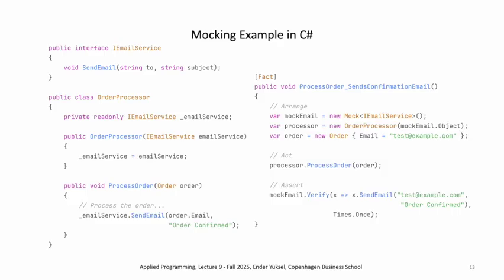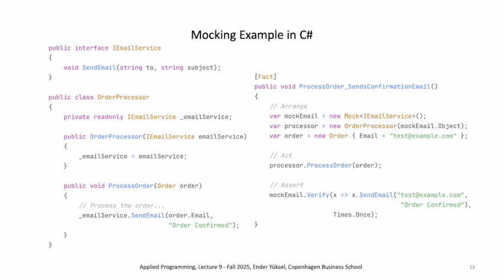We create a mock of IEmailService using new Mock<IEmailService>. This creates a fake email service that implements the interface but doesn't do anything unless we tell it to. We pass this mock to OrderProcessor via mockEmail.Object, which gives us the fake email service instance.